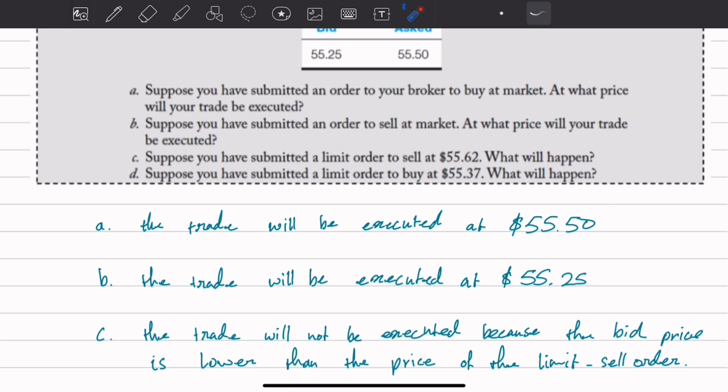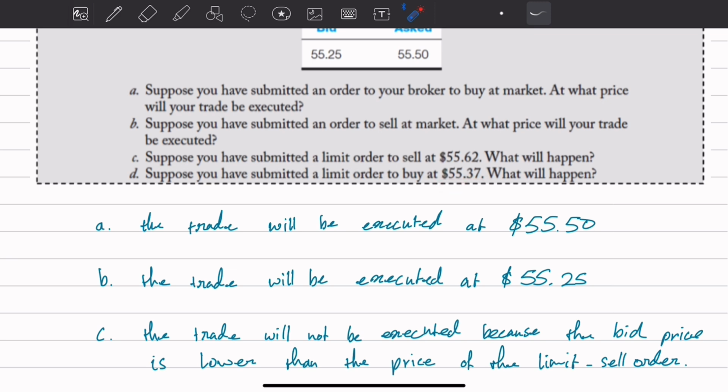Now we want to buy at a specific price, which is $55.37 or lower. The broker tries to satisfy the condition that you put, either satisfy it by meeting it exactly or by doing what's best for you, right? So if we want to buy at a specified price, the broker will try to meet that price or lower.